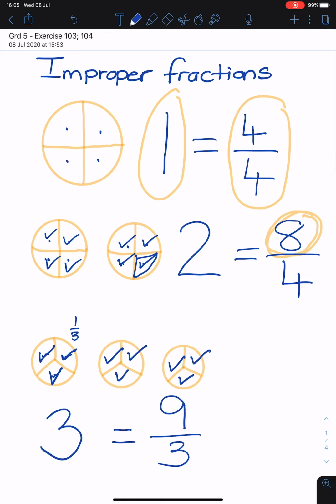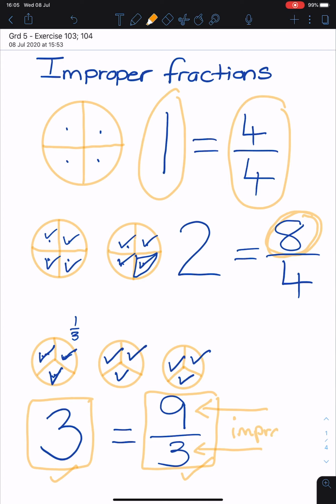I have 9 thirds. So you will see that the number 3 is the same as 9 thirds. 1 is a whole number and 1 is a fraction. But remember that when the top number, the numerator, is bigger than the denominator, we call it improper.